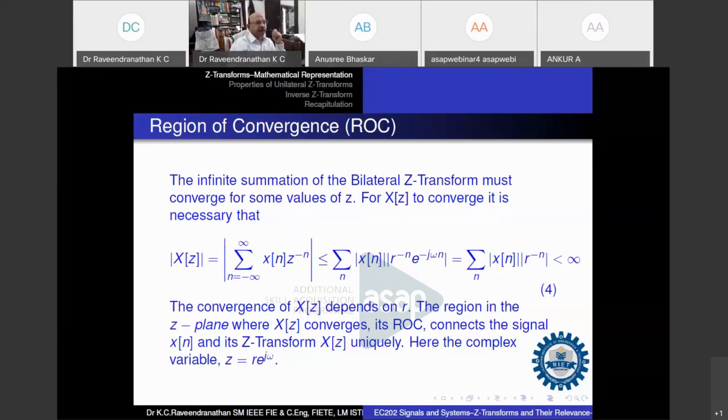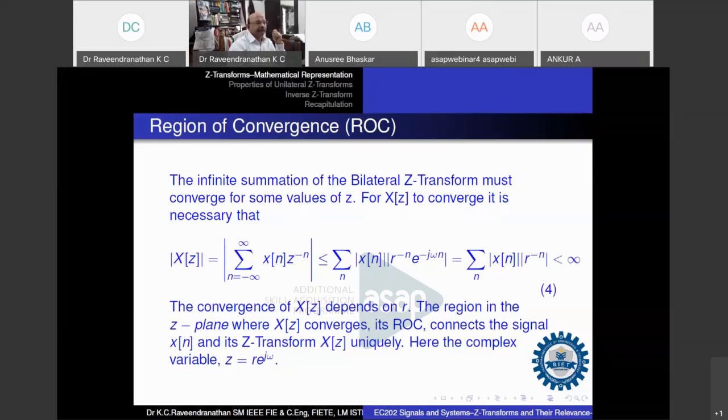The convergence of X(z) depends on r. The region in the z plane where X(z) converges is called its region of convergence, or in short ROC, and it connects the signal x[n] and its z transform uniquely. So this is very important.